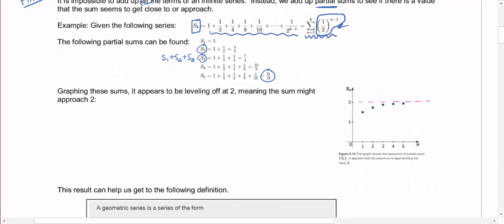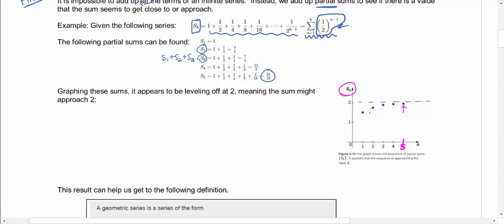Now, if you graph that, this is, for example, at n is 5. So you're looking at the sum of the first 5 terms. What I hope you notice is that it does appear to be leveling off. While it appears to be increasing for my sum, it is concave down, so I'm not increasing at an increasing rate.